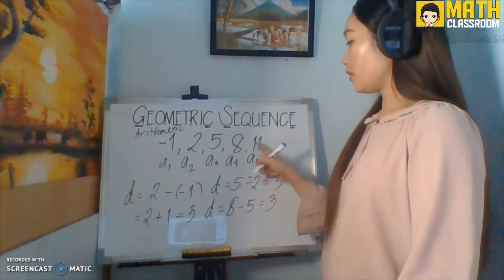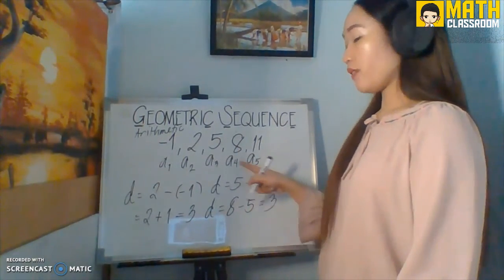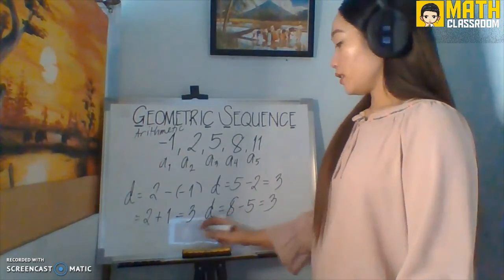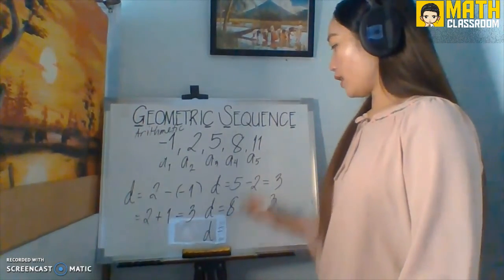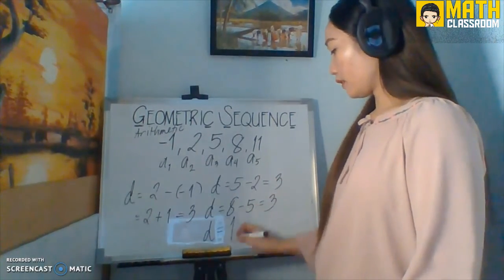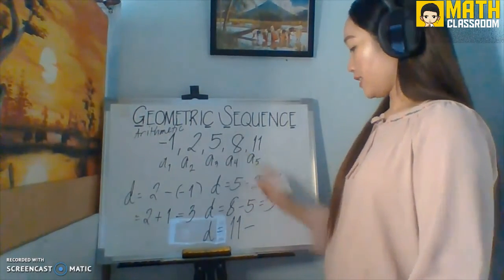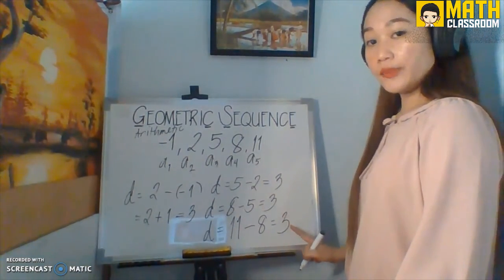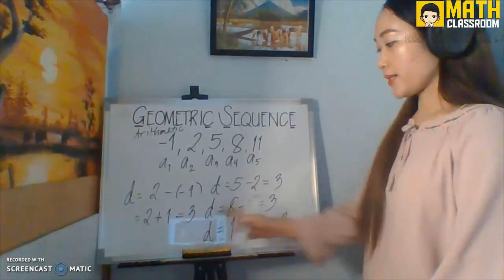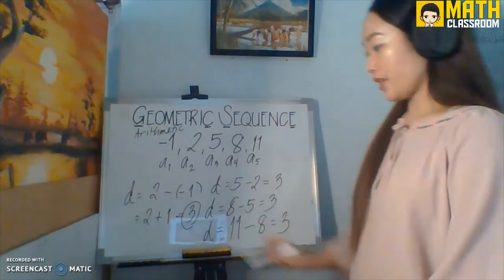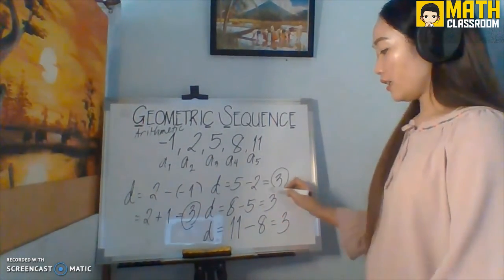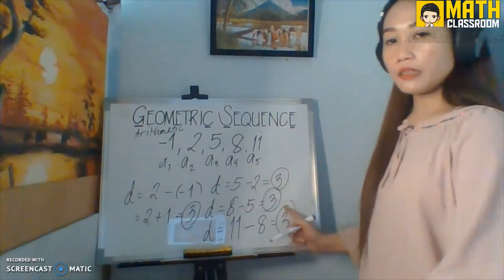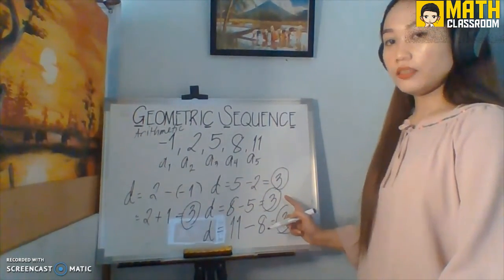Lastly, 11 minus 8, our a sub 5 and our a sub 4. So d equals 11 minus 8, which is also positive 3. So you see, observe, we have 3, another 3, 3, and 3. So all the differences that we got are all 3.